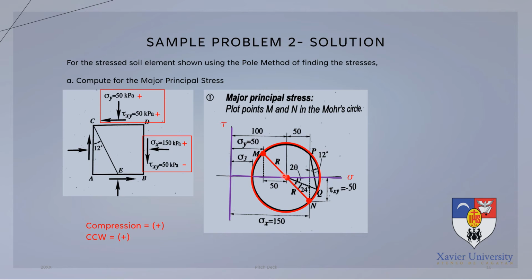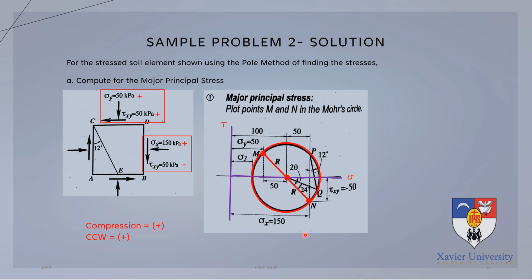Measuring the 100 is just an assumption, or an estimate, because if this is 50 and this is 150, we can manually identify the distance of our center from the origin. That is 50 plus 150 divided by 2.